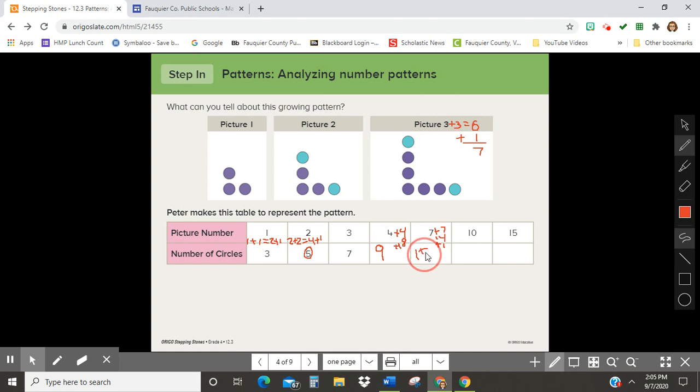So the answer is 15. For 10, it would be 10 plus 10, which would be 20, plus 1 would be 21. For 15 of them, it would be 15 plus 15, which would be 30, plus 1 is 31.